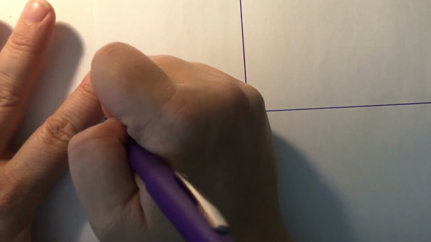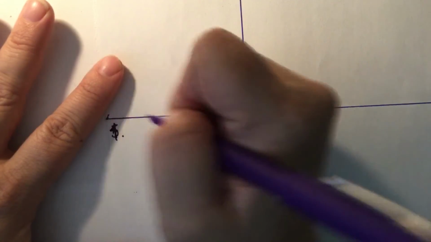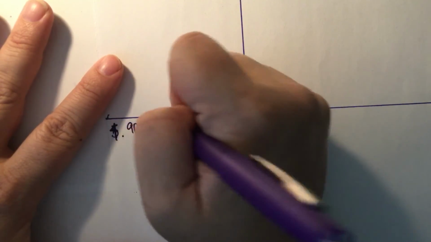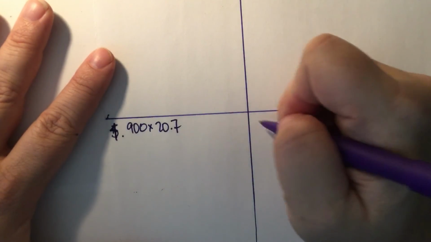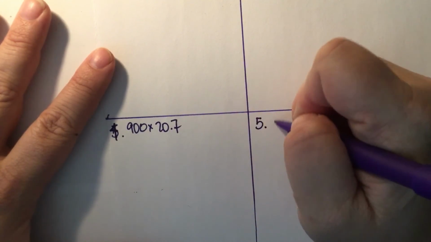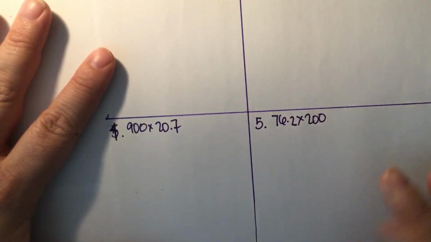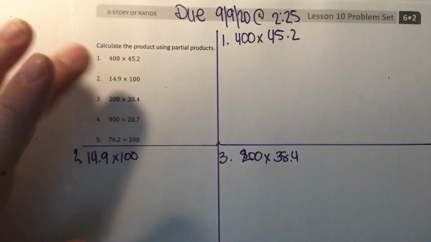Number 5, yes, I ripped my paper. Oh, this is 4. 900 times 20.7. And number 5, 76.2 times 200. Okay. So there you go.